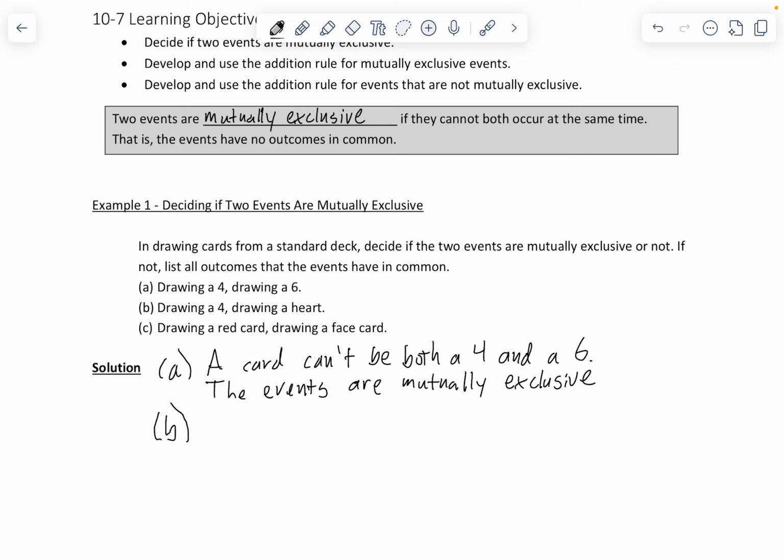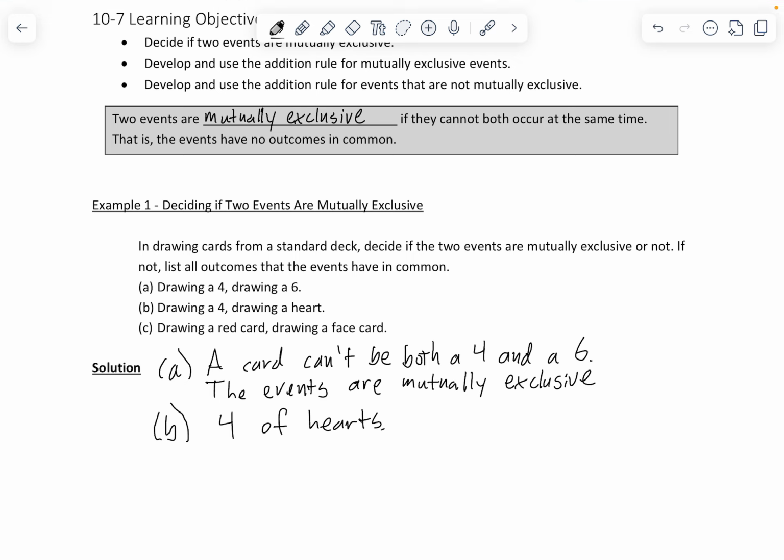How about drawing a 4 and drawing a heart? When you draw one card from the deck, it is possible to draw a card that is both a 4 and a heart, right? The 4 of hearts. You could draw the 4 of hearts.